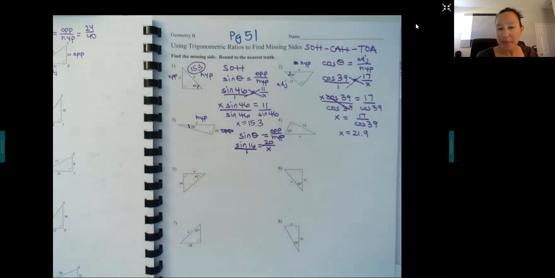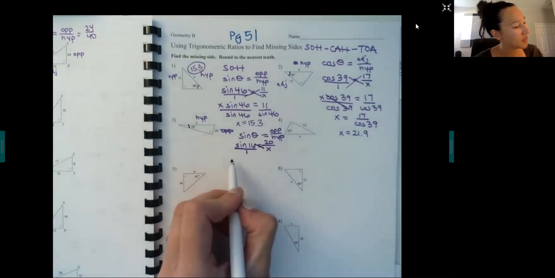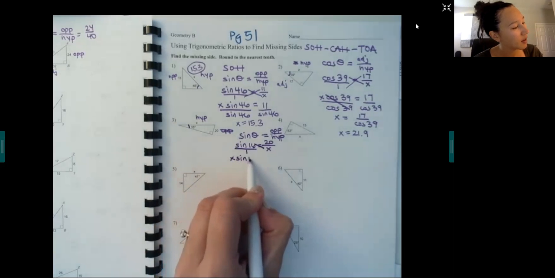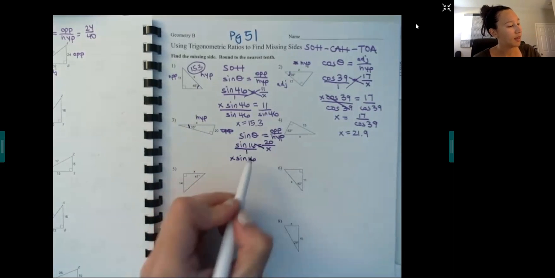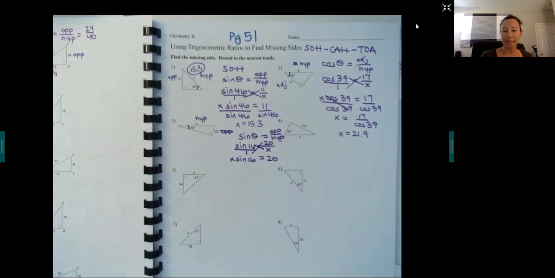So then we just have to solve. So we're going to cross multiply. So x times the sine of 16, and then 1 times 20, which is just 20.